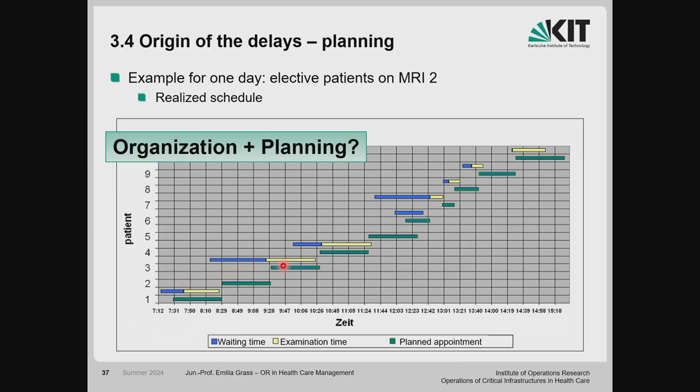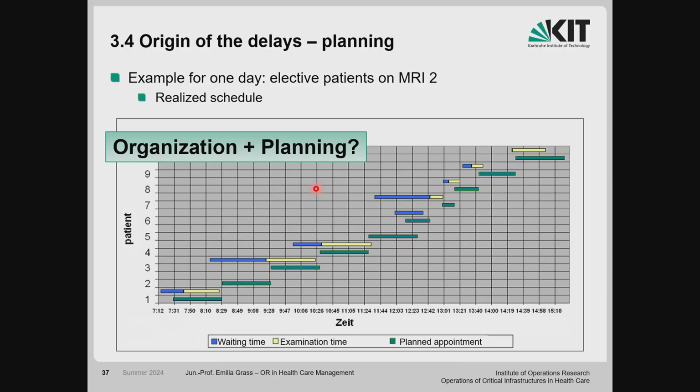Okay, something else that's striking. Blue is waiting time, yellow is the actual treatment time. Something you can see that's also strange, if you compare what is planned and the time the MRI really takes.